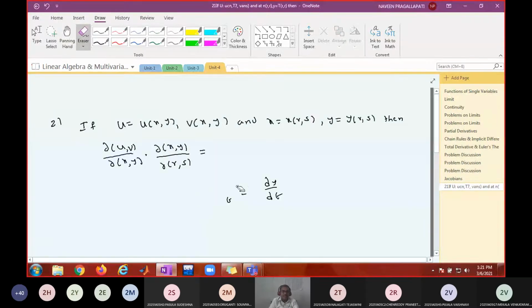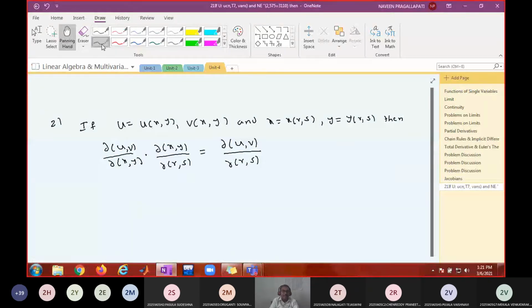So is it not ∂(u,v)/∂(r,s)? Yes, you can verify. You write the chain rule, the Jacobian definition for this, and the determinant formula for this. Multiply the two, simplify, and use the chain rule concept.